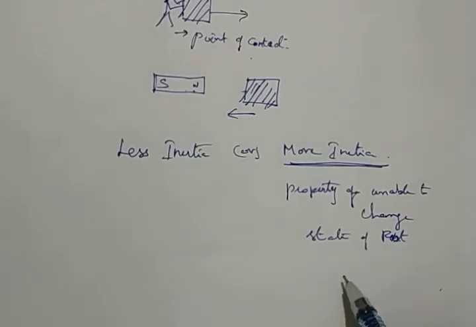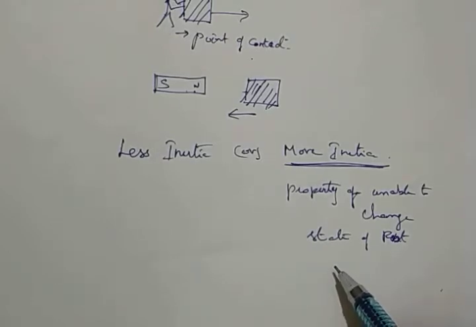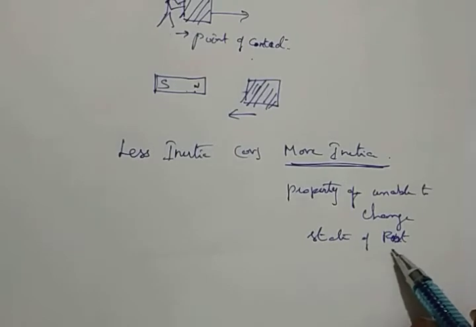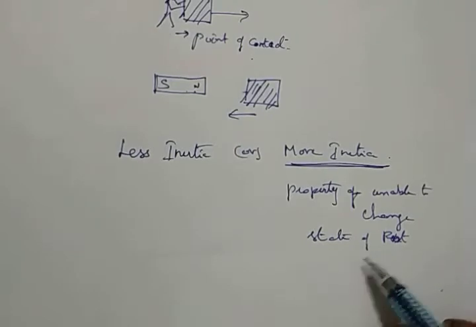A body continues to be in a state of rest always. Suppose you are in sleeping mode, you sleep off at 6 o'clock, 7 o'clock, 8 o'clock. You want to continue to sleep continuously. You don't have to get up.